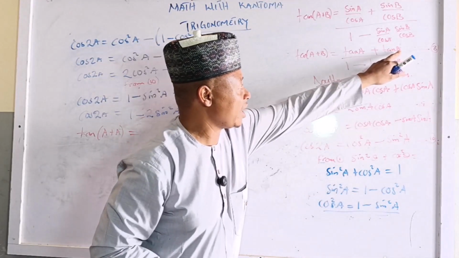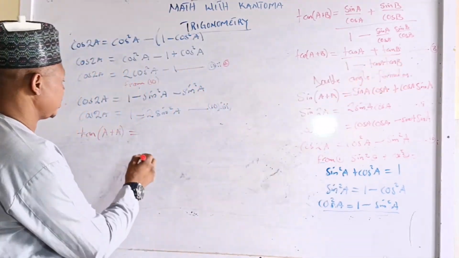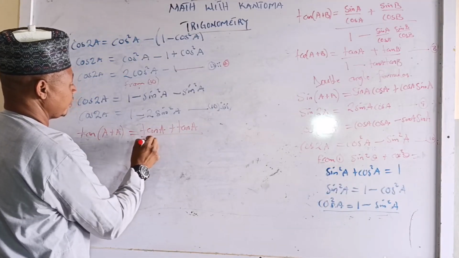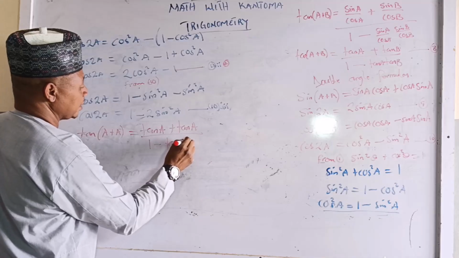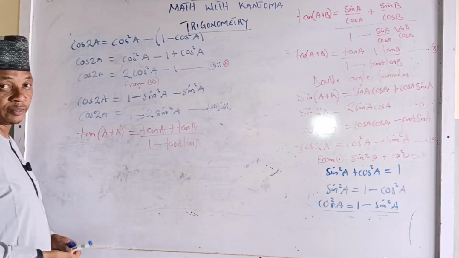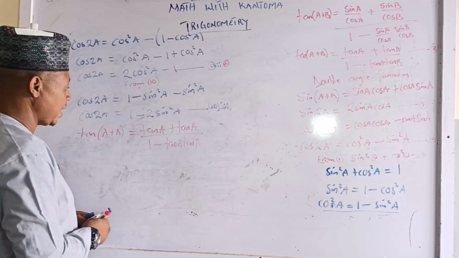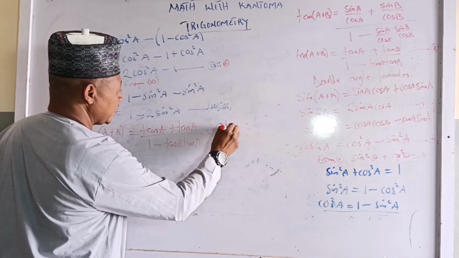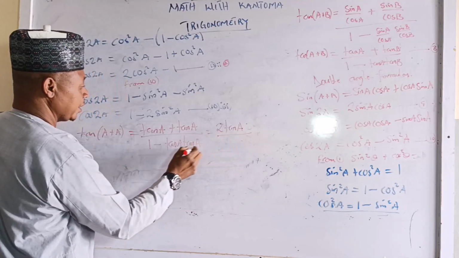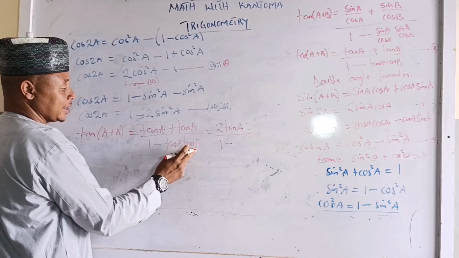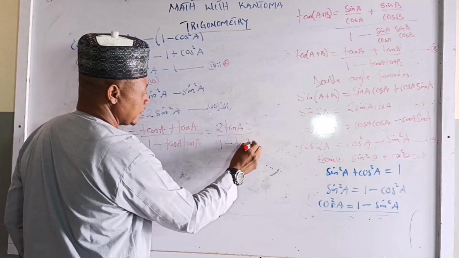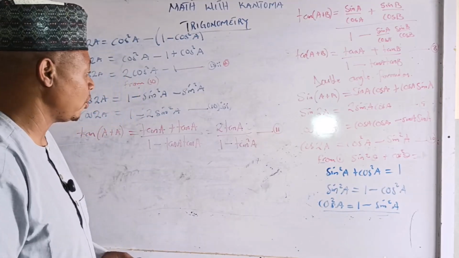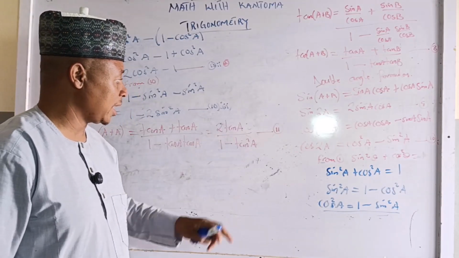Now substitute wherever you see B as A. We have tan A plus tan A all over 1 minus tan A times tan A. Wherever you see B, we just change it to A. So tan A plus tan A is the same thing as 2 tan A, divided by 1 minus tan A times tan A, which is tan square A. So this is equation 11, the double angle formula for tan A.